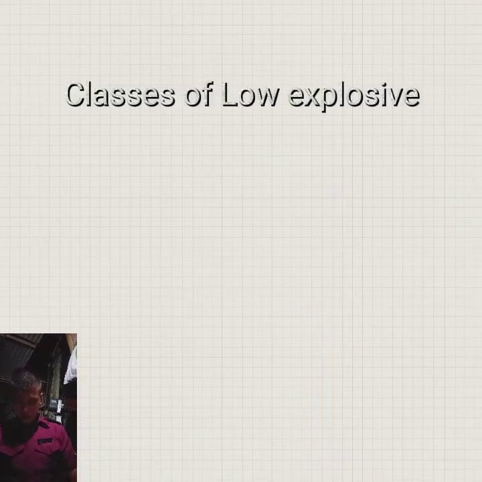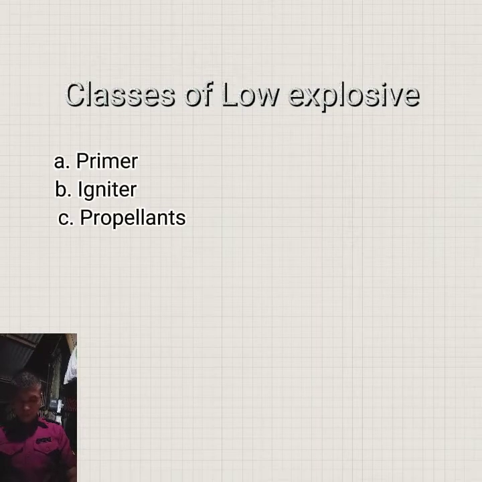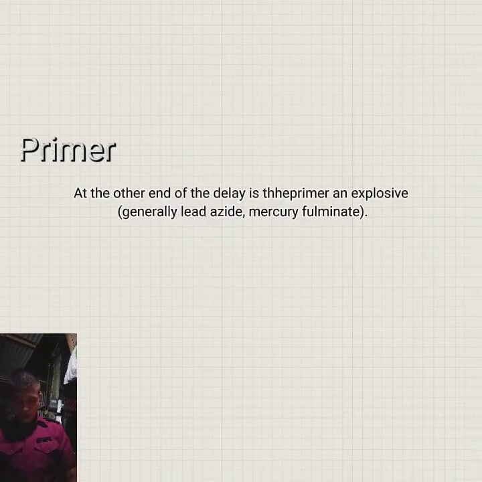There are three classes of low explosives. The first one is primer, the second is igniter, and the third one is propellant. Primer is at the other end of the delay; it is an explosive, generally lead azide or mercury fulminate.